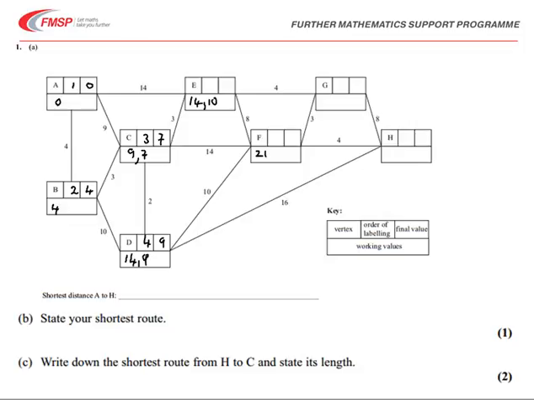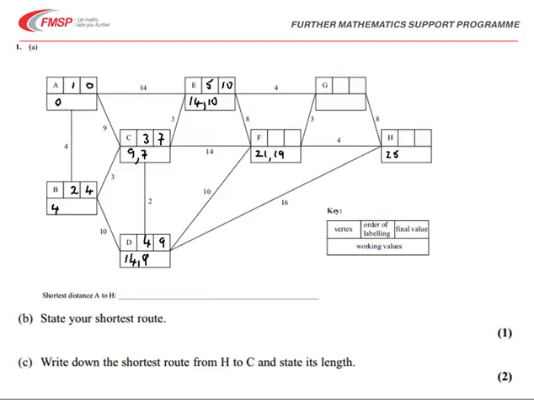Going forward from that point, the 9, to H, 9 plus 16 gives us 25. And 9 plus 10 is 19 for F. The smallest one now with its temporary label is E, so that becomes the fifth point to be labelled and its final value 10.